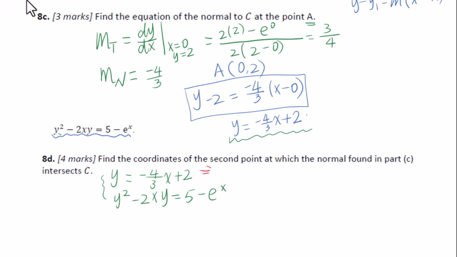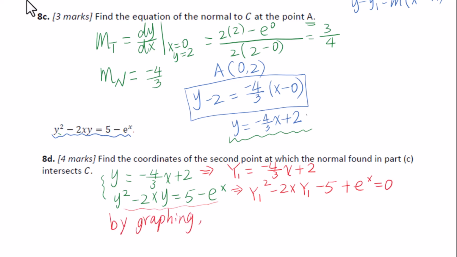We will make this y1 equals -4/3 x plus 2. Then remember, change this into equal-to-0 form. So we have y1 squared minus 2xy1 minus 5 plus e to the x power equals 0.